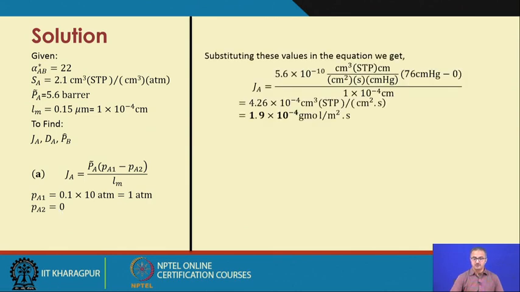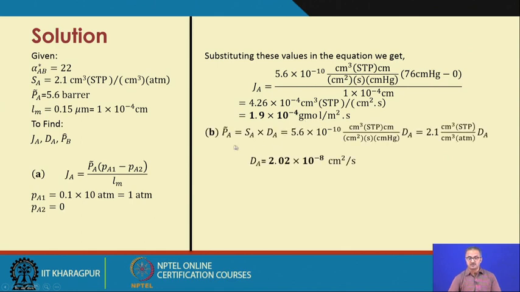With these values, we plug into the expression for the flux and find this value. Please use the appropriate units. When you start solving these problems, always write the units so that you do not make any mistake in getting the final result. After that we find this is the value of the flux.